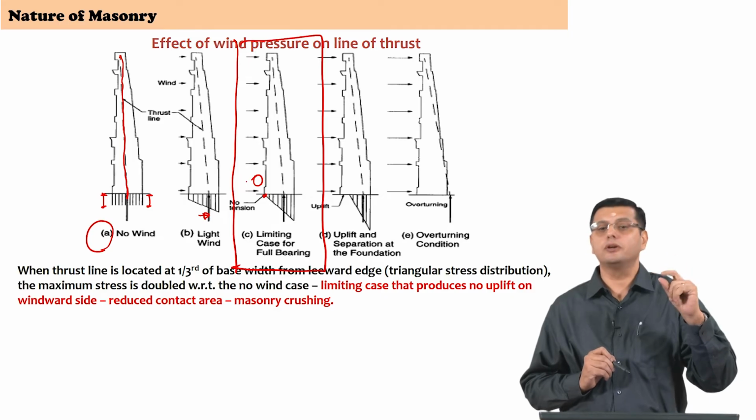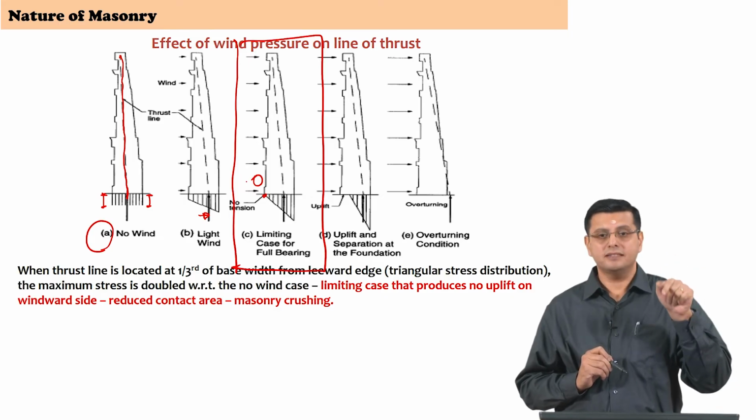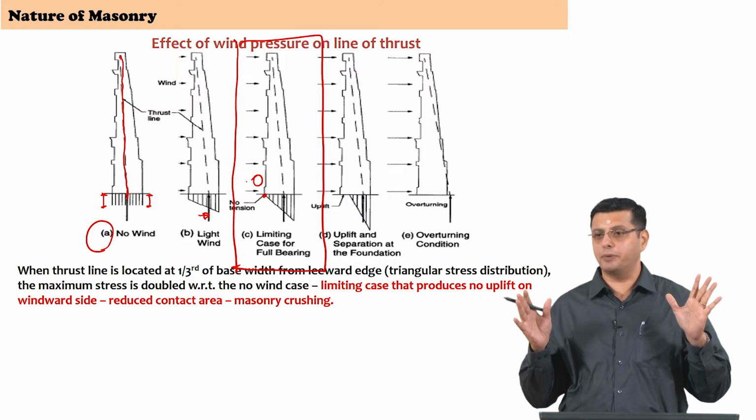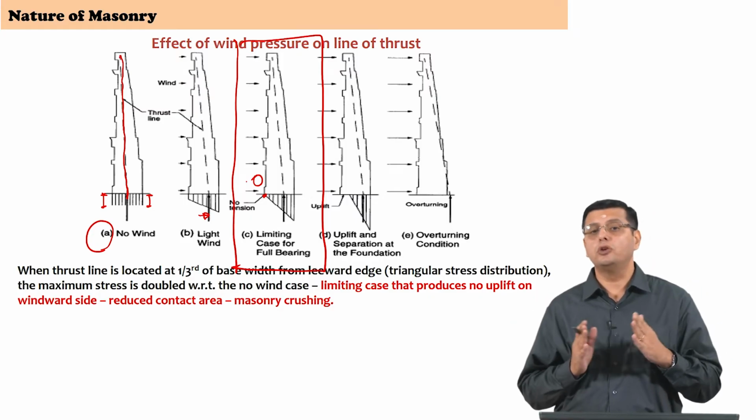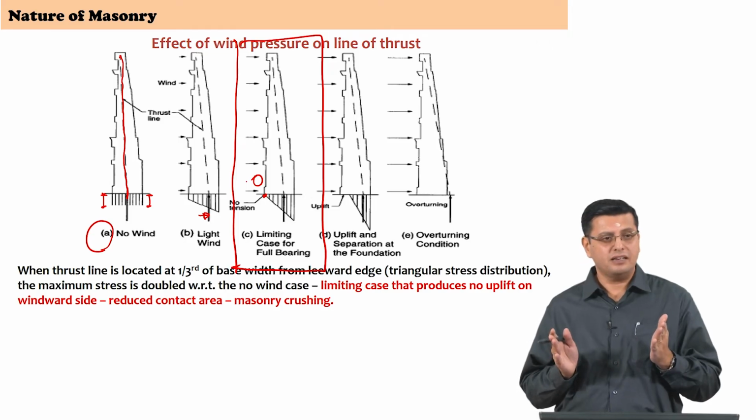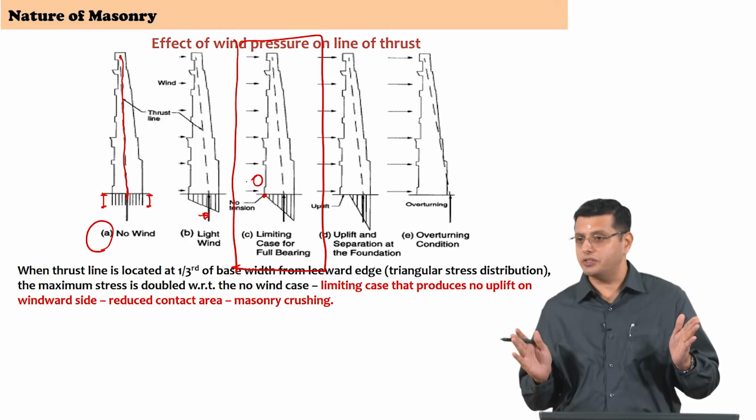Beyond that, it will go into tension. Hence, that point where that edge fiber is decompressed is a limiting case for us. Why? Because we are looking at a material which is weak in tension. We really do not want tension to come into this cross section.